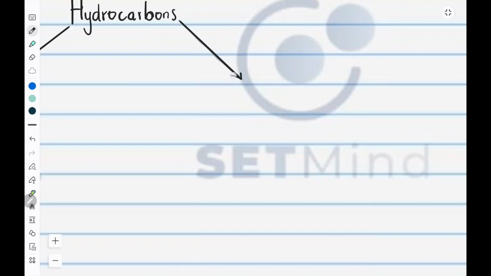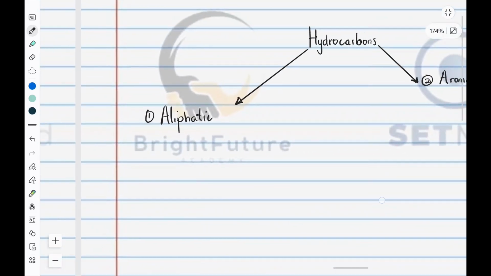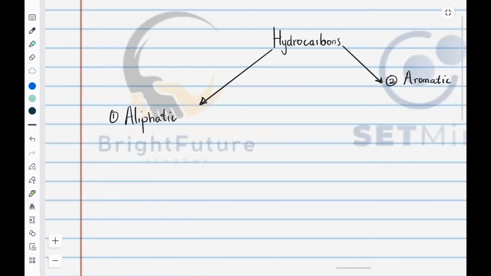Aromatic means they have a certain type of smell. That's where you find your benzenes and so on, right? I'm not going to focus more on the aromatic ones, but I will focus more on the aliphatic ones.